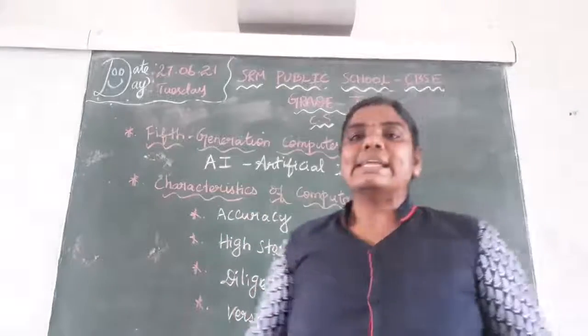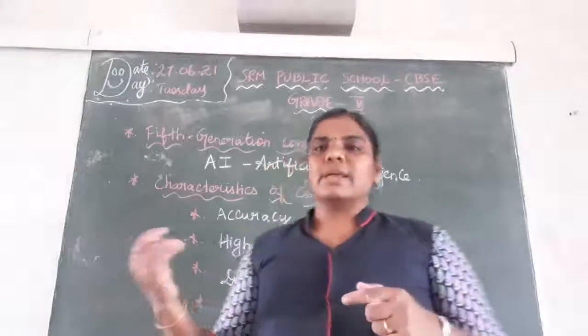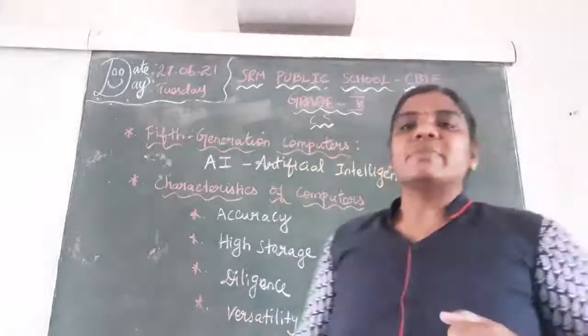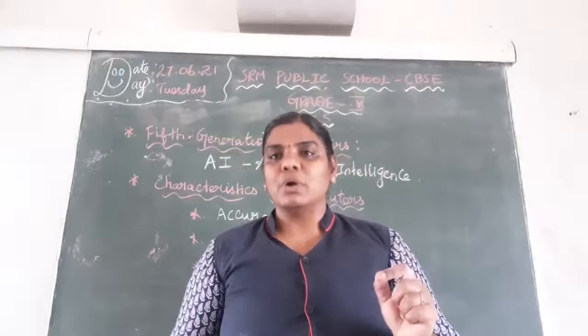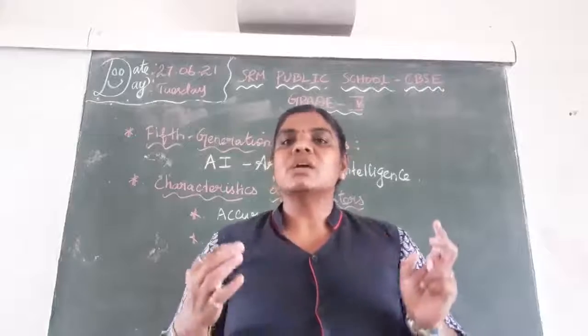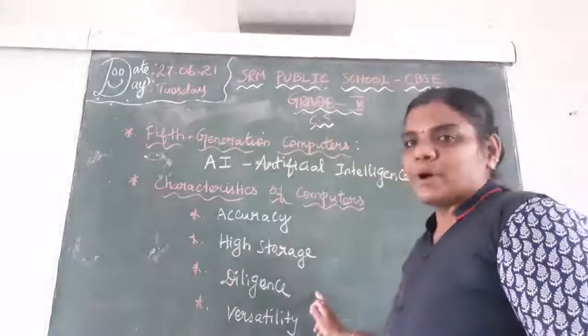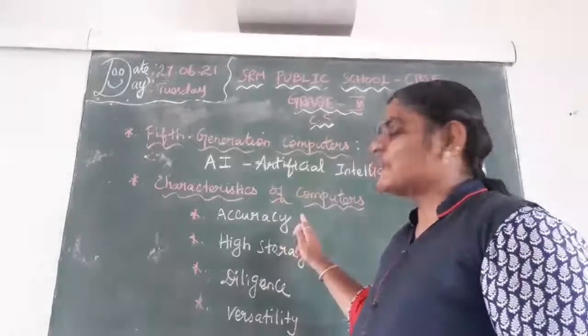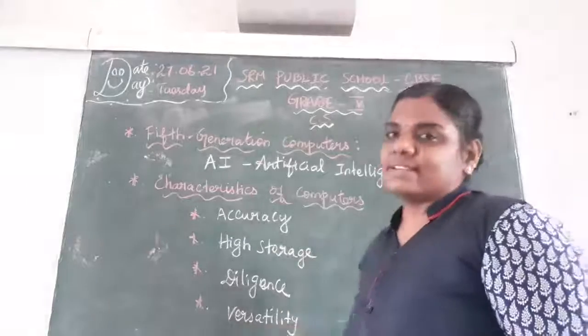Next, diligence: a computer can work for a long time, right? And the last one, versatility: at a time, the computer can work on many jobs, right? So these are the characteristics of computers. Once again I will repeat: accuracy, high storage, diligence and versatility.